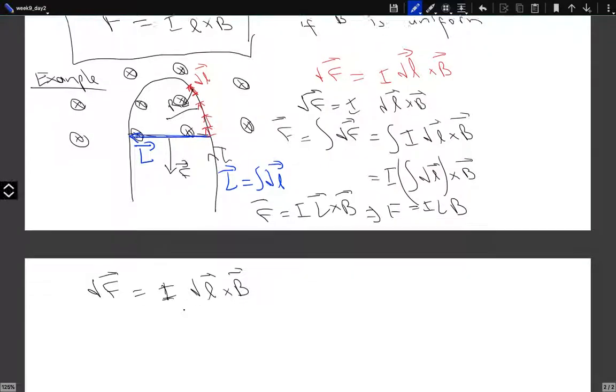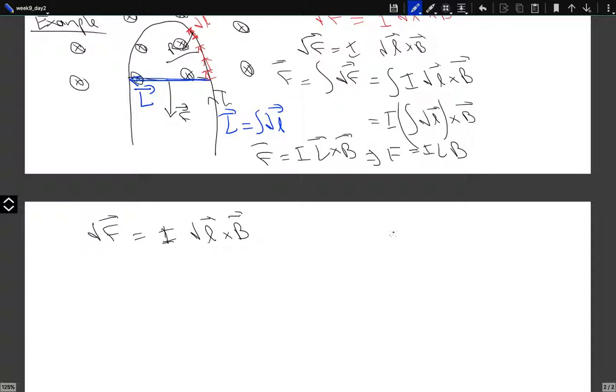Now let's start with what is the I? How did we define I? dq over dt.